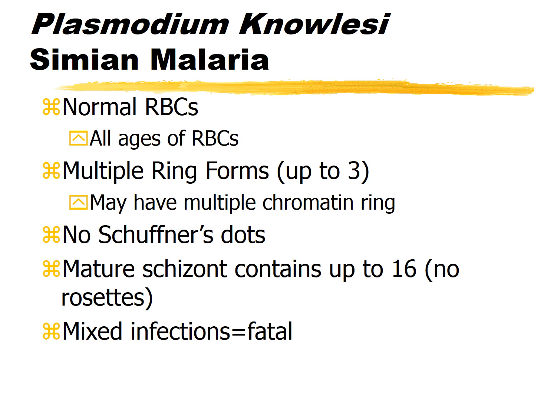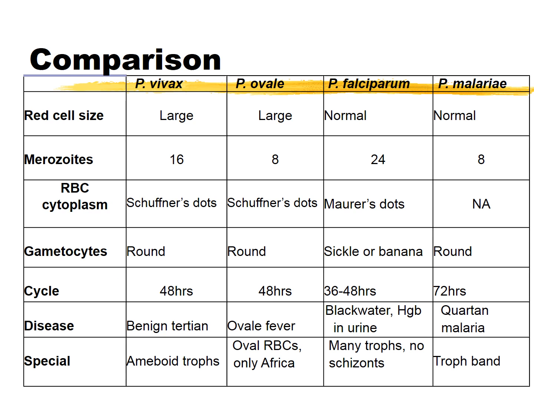And you usually see this with a mixed infection, and it can be fatal. This we haven't studied much until recently. It was primarily a zoonotic infection seen in primates. And then here is a chart giving the key characteristics of the malarias minus knowlesi.